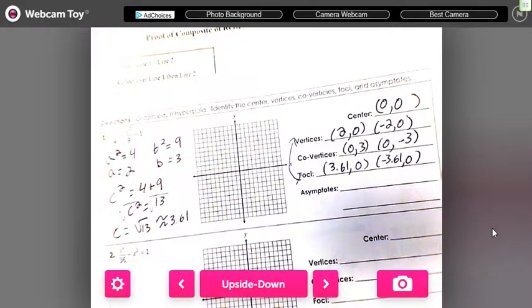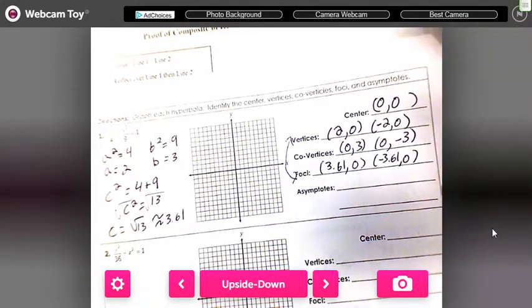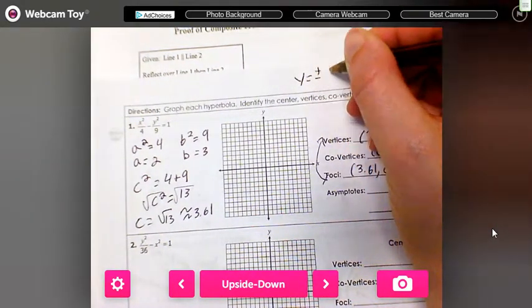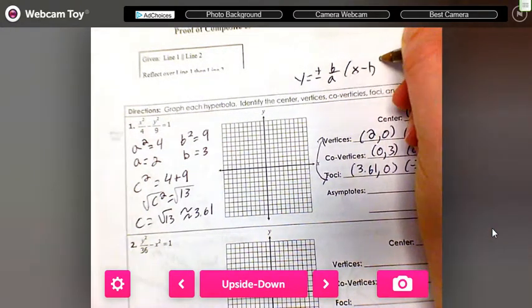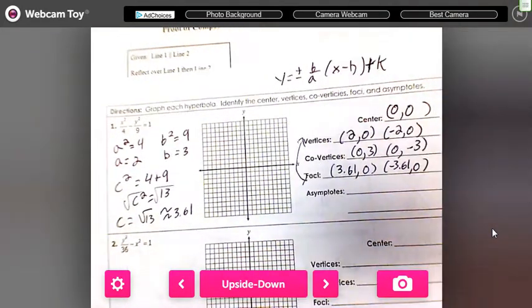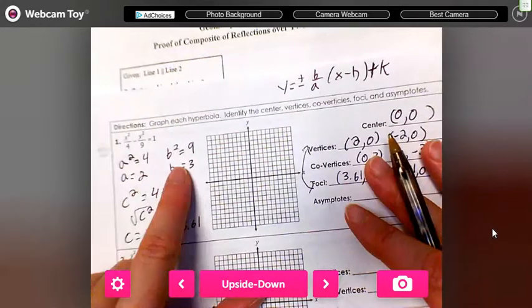Now, if you want to look back at what the equation for an asymptote is, for this one, this is a horizontal hyperbola. So I know my equation for the asymptote is y equals plus or minus b over a times x minus h plus k. So I know that b is 3 and a is 2.